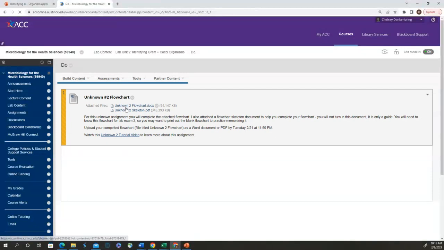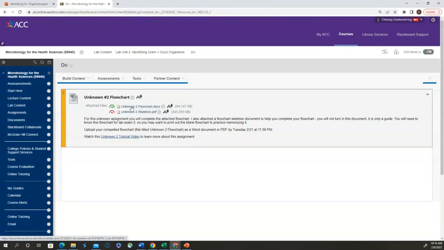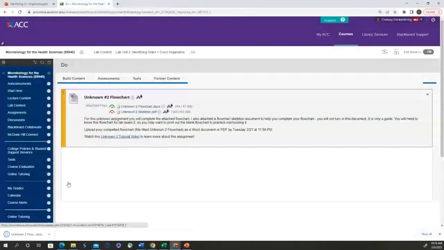So notice there are 2 files currently. There will be 3 momentarily. But this first file, Unknown 2 Flowchart, is what you are going to download and submit. This Unknown 2 skeleton is going to be what helps you fill out your unknown flowchart, okay? So I'm going to go ahead and click on this top file. Again, this is the one you want to download and fill out.